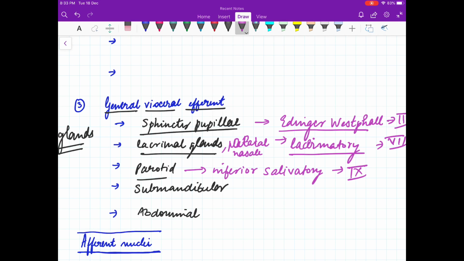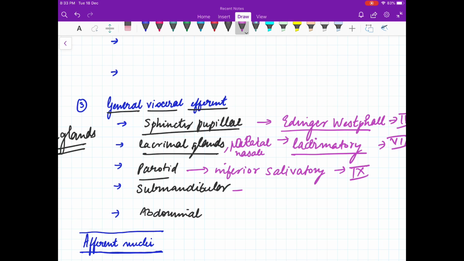And submandibular and sublingual glands are supplied by seventh nerve, by the superior salivatory nucleus. And the abdominal and thorax viscera are supplied by dorsal nucleus of vagus.